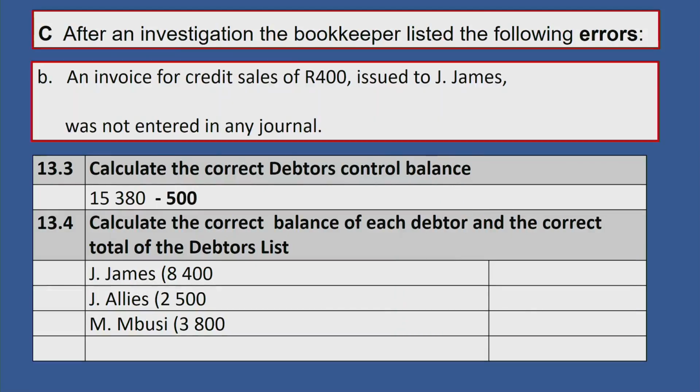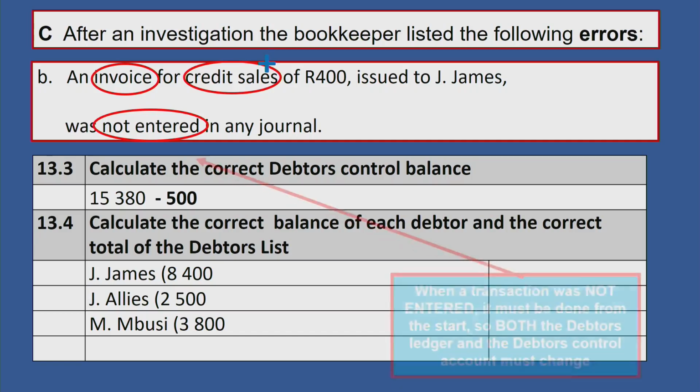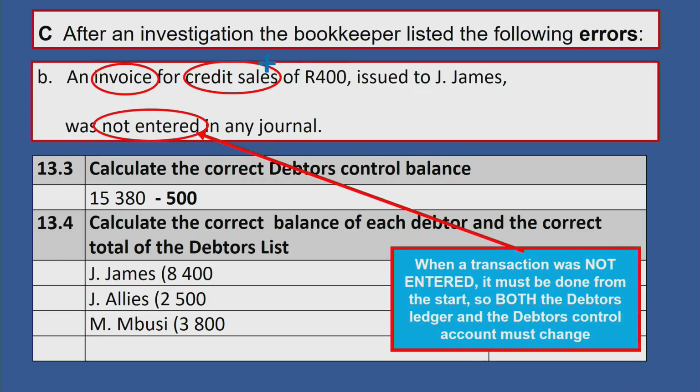An invoice for credit sales issued to James, not entered. You must circle invoice and credit sales and not entered. Now, same as before. Invoice for credit sales, a plus. When we say a transaction was not entered, it must be done from the start. So in other words, picture this.